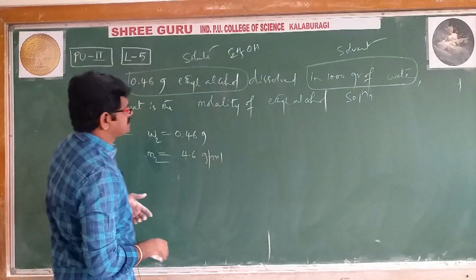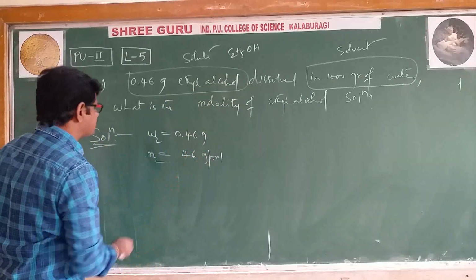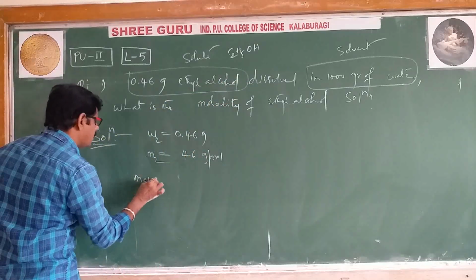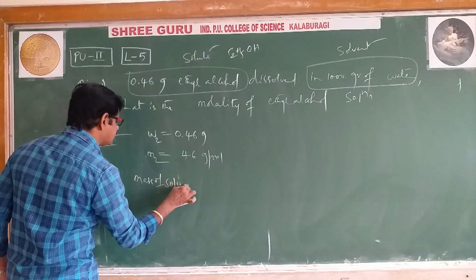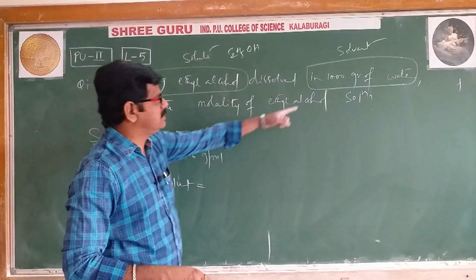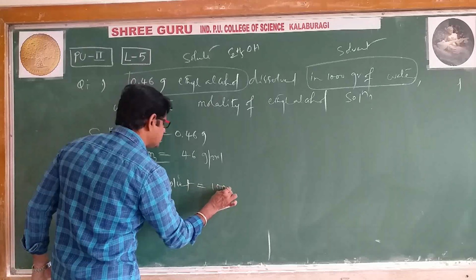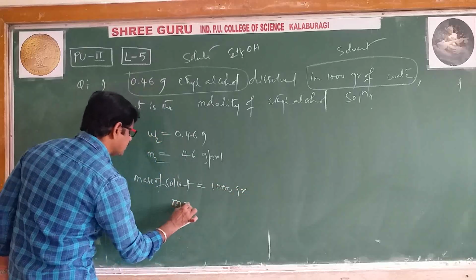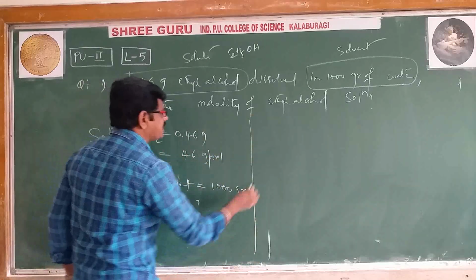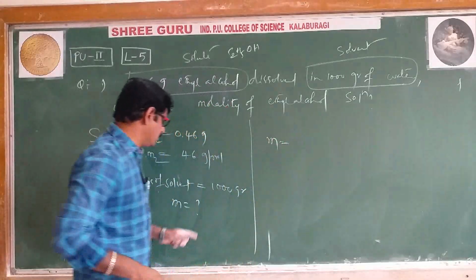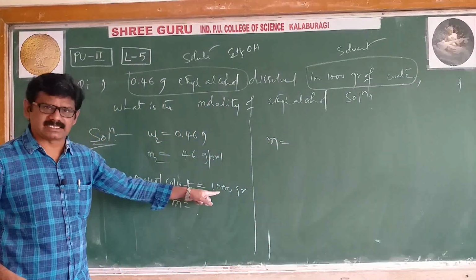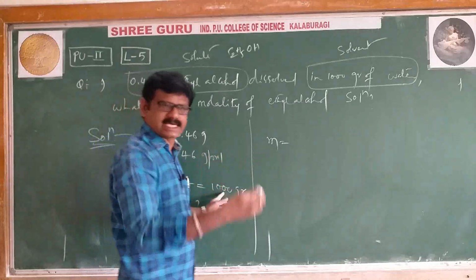Next one, mass of solvent. Which unit is given? Of course, grams he has given. That's why I will write grams, 1000 grams as it is. And since molality is asked, we will write its corresponding formula. Molality equals, see here, if the solvent mass is given in grams, we will use the second formula.